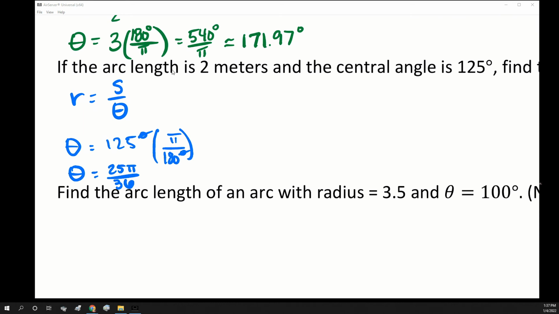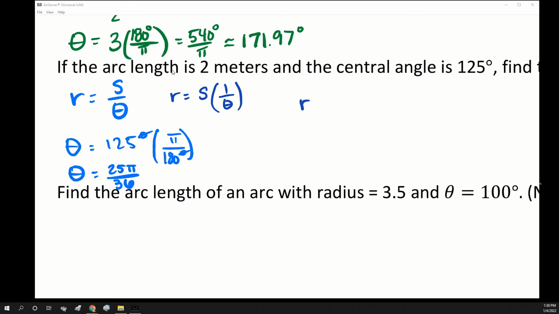Okay, so now I am going to use this formula. I'm going to switch it up a little bit. It might be easier, instead of dividing by theta, that we multiply by the reciprocal of theta.